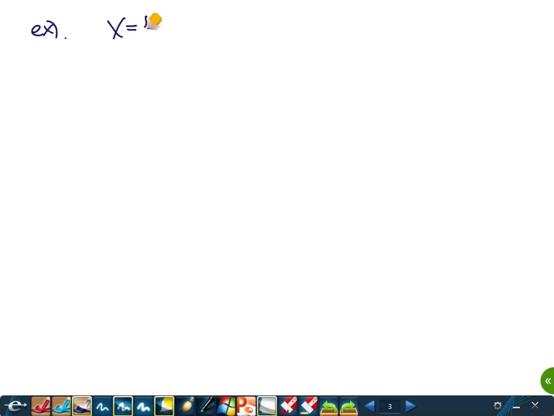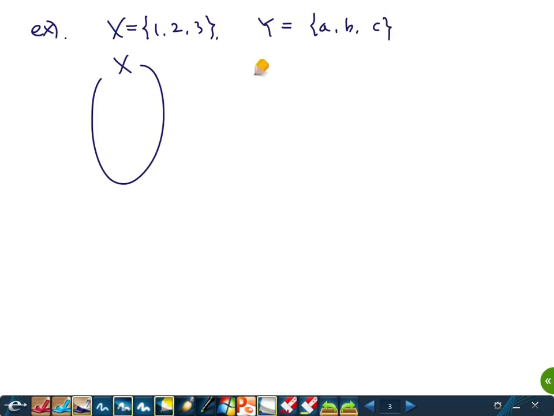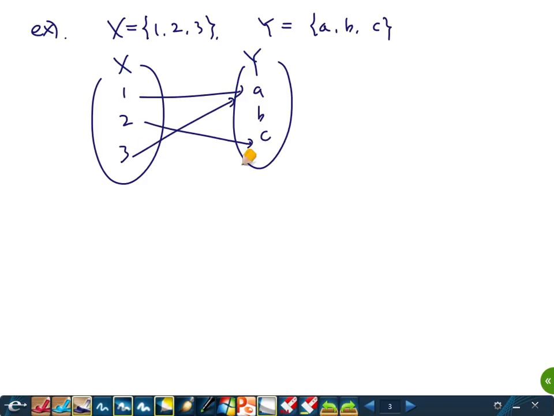X equals 1, 2, 3. Y equals a, b, c. A function, usually we draw using diagrams. So 1, 2, 3, a, b, c. So let's say it goes something like that. This is a function. f of 1 equals a, f of 2 equals c, f of 3 equals a.